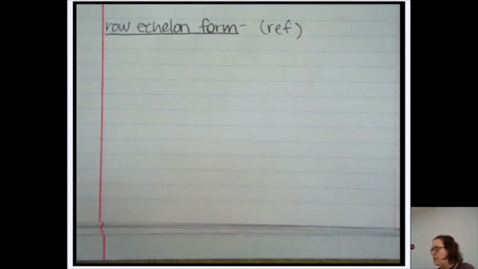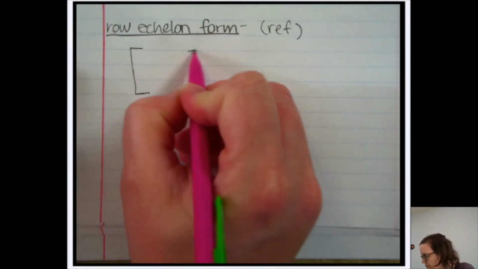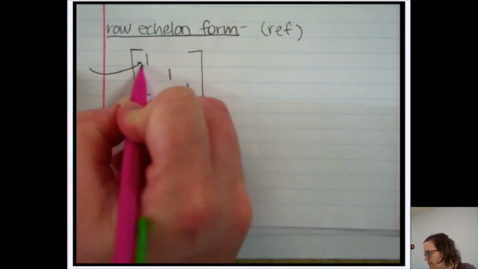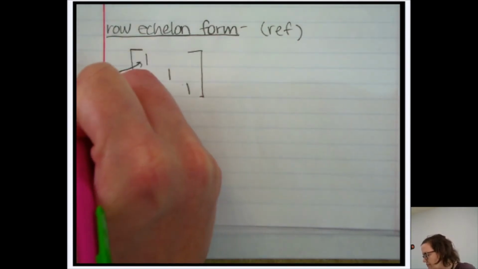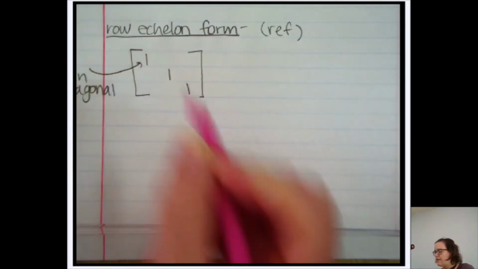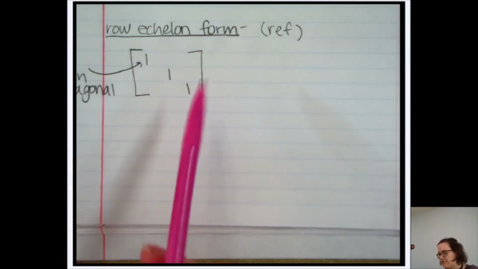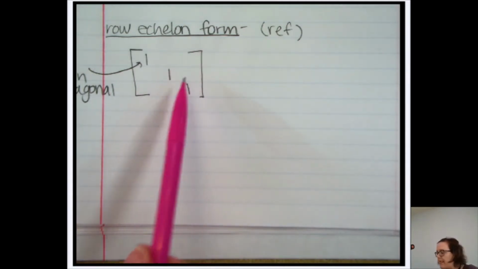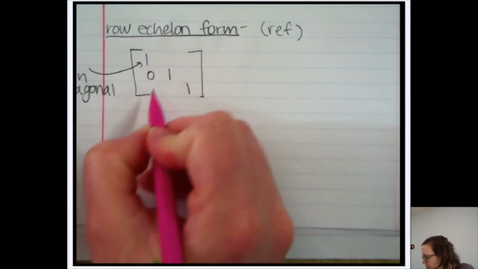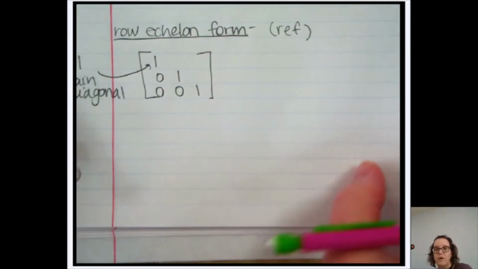Okay, so row echelon form of a matrix, we'll have ones in the main diagonal. So this is a matrix that has 3 rows and 3 columns. This is just a regular matrix, right? It doesn't have the separated form right now. So it would have ones in the main diagonal, and then we have zeros to the left or to the bottom underneath those ones.